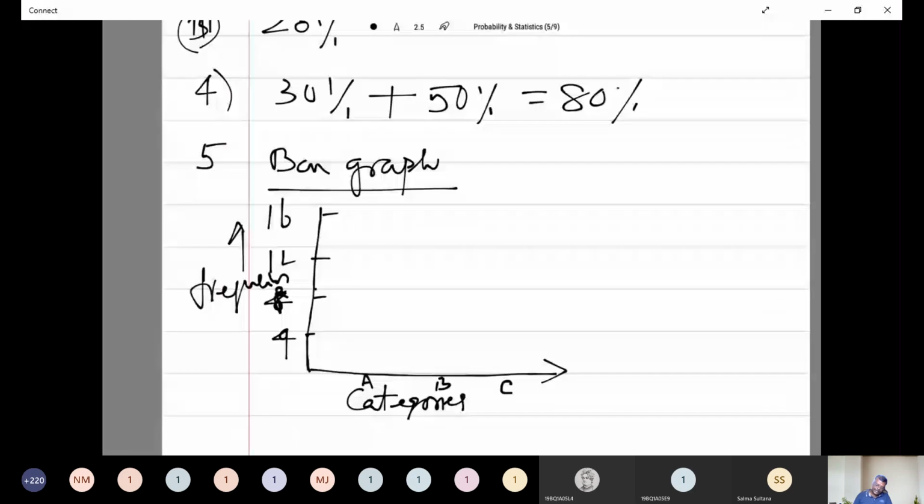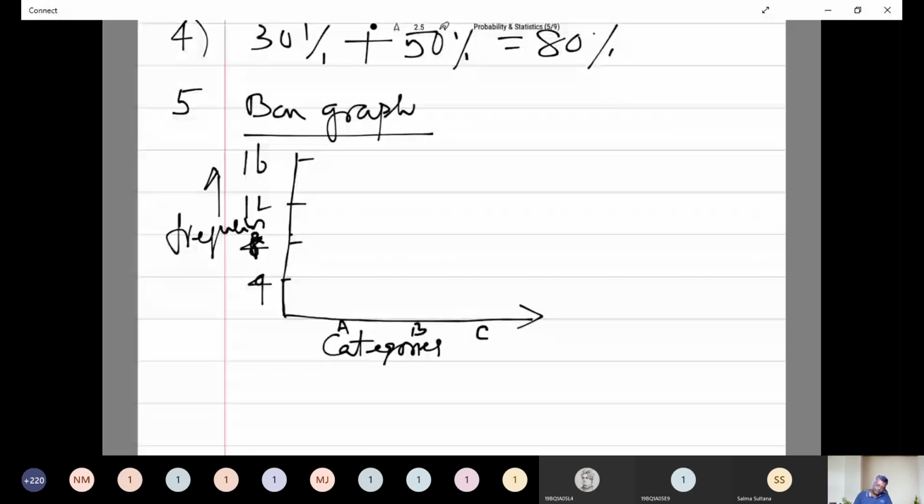Category A is 9, so you have to take up to 9. This is category A. And category B is equal to 6. This is 6. And category C is equal to 15.